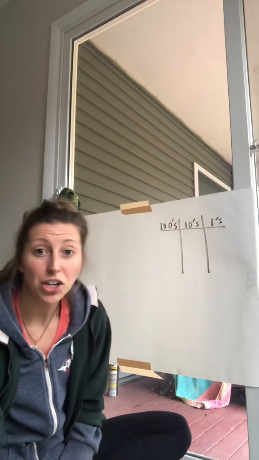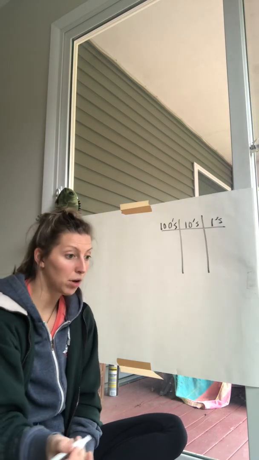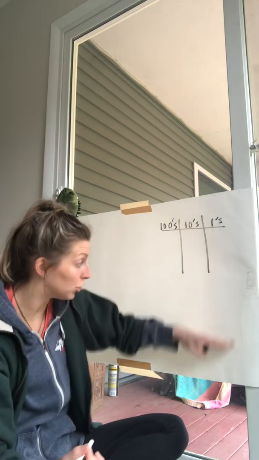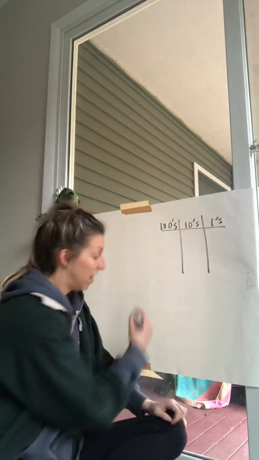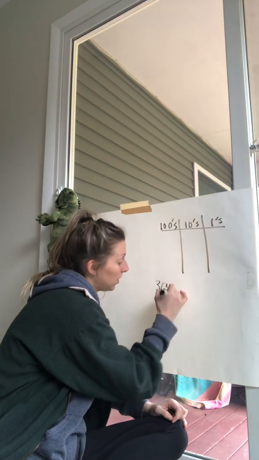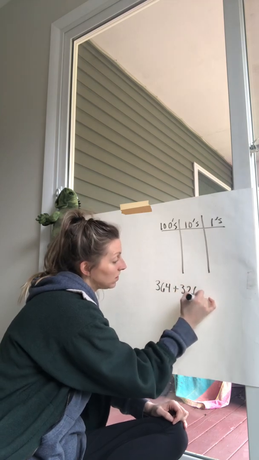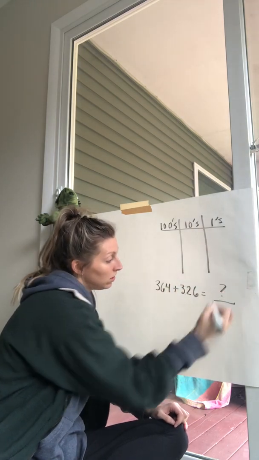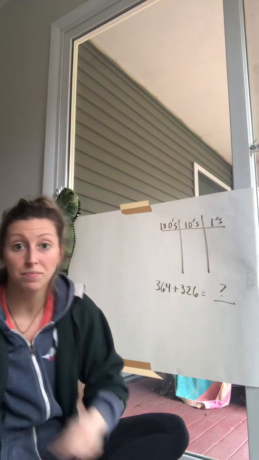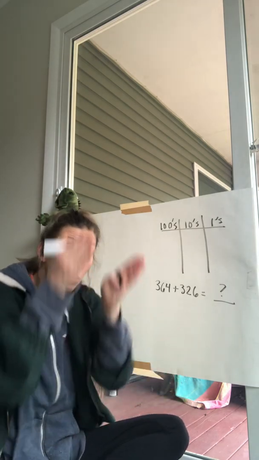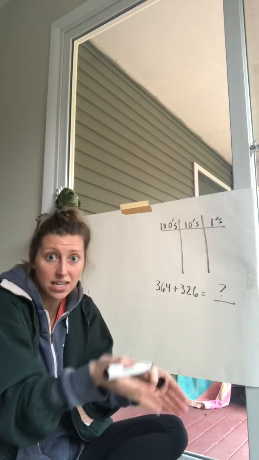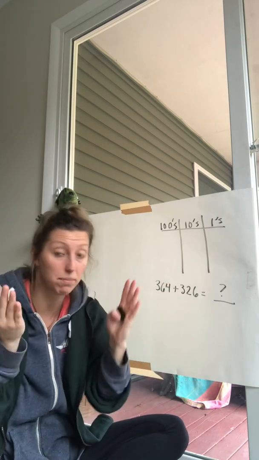Okay, and then you're first going to set up your problem the vertical way. So if I have 364, and I'm going to add 326, when you set it up vertically, you have to make sure the ones are in line with each other, the tens and the hundreds, so we don't get mixed up.